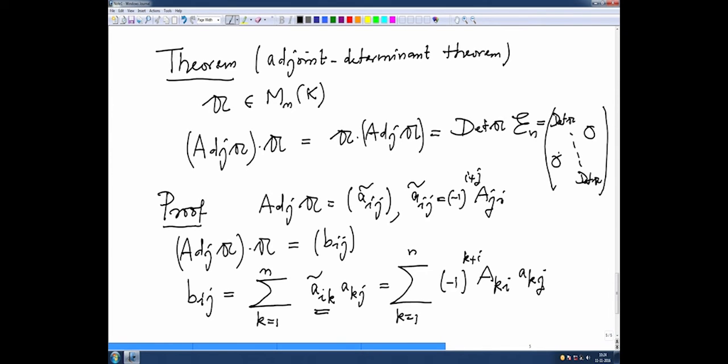Now look carefully: the only term which will survive is for i equal to j, because if i is different from j, this is a repeated column in the cofactor. So it only survives for i equal to j, and in that case, because of the expansion theorem, it will be the determinant. So, this is nothing but delta ij, where delta ij is the Kronecker delta, times the determinant of A.